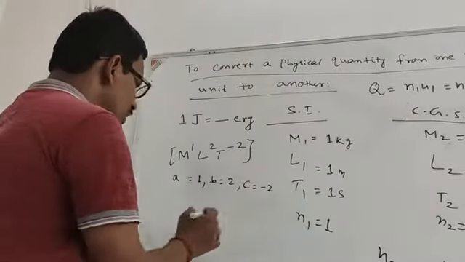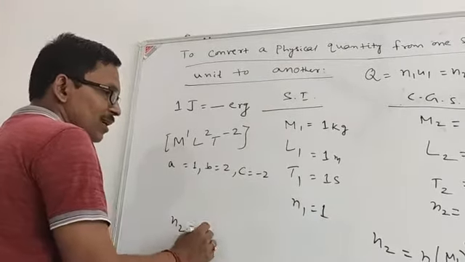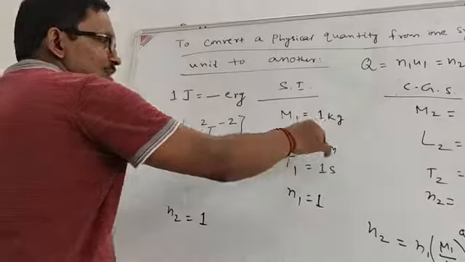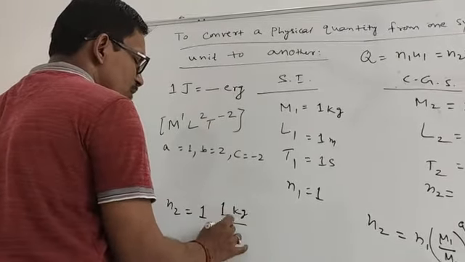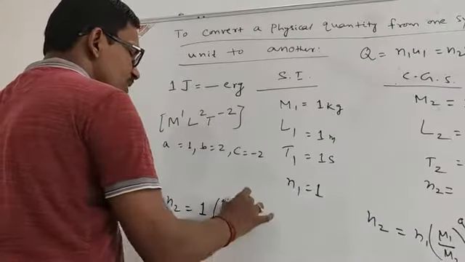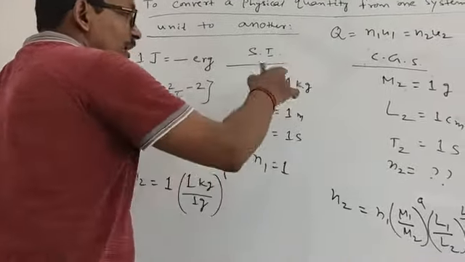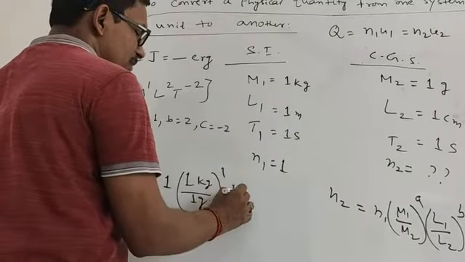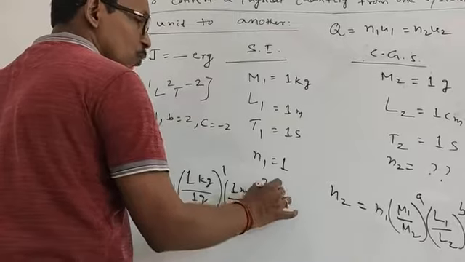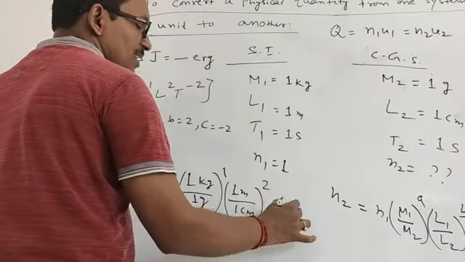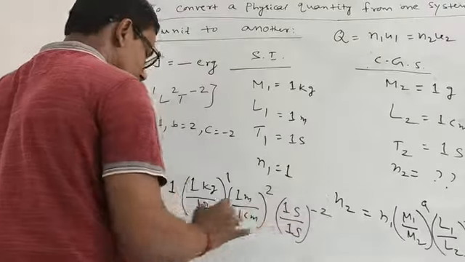So now after putting the values, N2 will be equal to N1, which is given as 1, times M1 by M2. M1 is 1 kg divided by M2 which is 1 gram, to the power 1. Then L1 by L2, here length is 1 meter divided by 1 centimeter, and power is 2. Time in SI is second, in CGS also second, to the power minus 2.